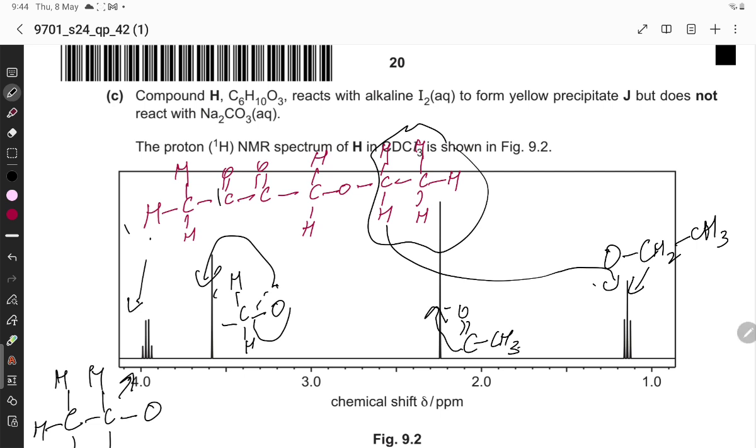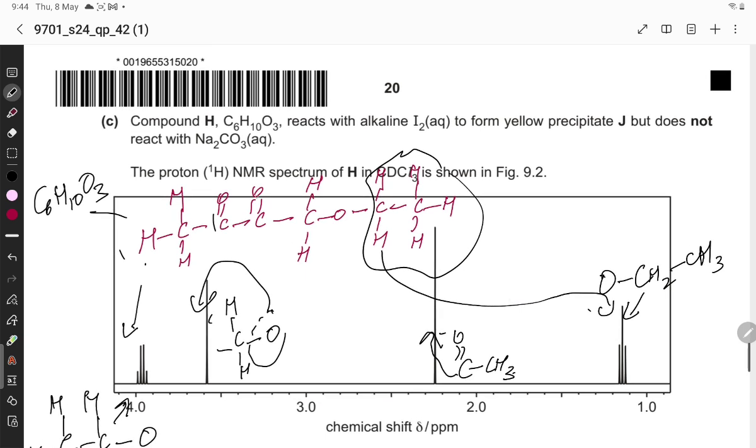This is the compound C6H10O3, and this is its proton HNMR spectrum in CDCl3.